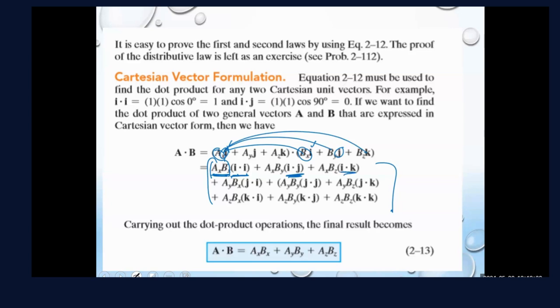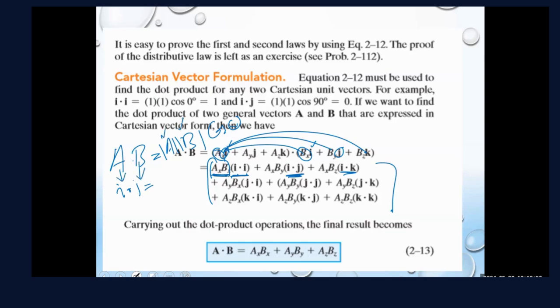Okay? Now, students, we know that when there are two vectors A and B, I write the magnitude of A, the magnitude of B, and then the angle between them, cos theta, right? So if instead of A and B I have i and j, I need to write the magnitudes as well.